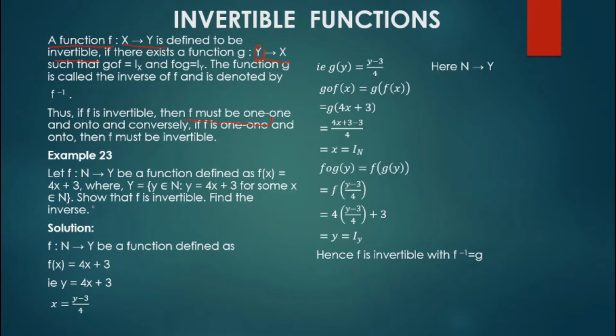So here we have domain as natural numbers and codomain as set Y. And what is set Y? Y is equal to 4x plus 3, that is f of x is equal to 4x plus 3. Okay. So find the inverse.